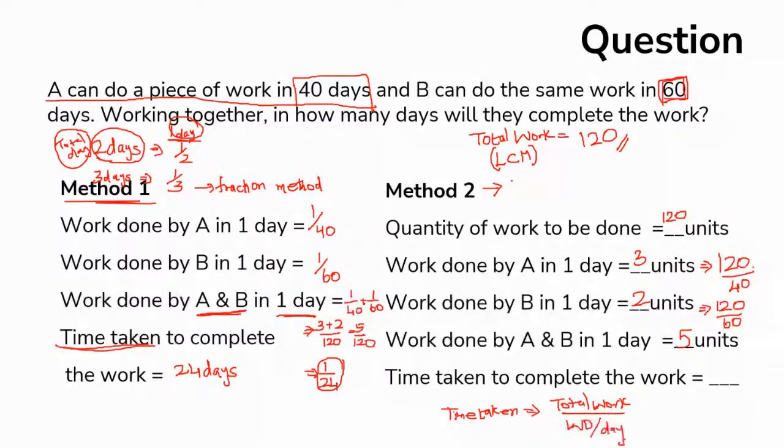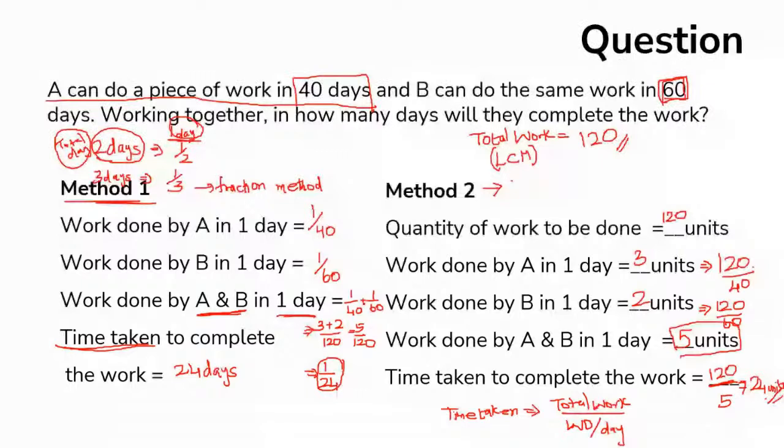In this case, we assume the total work as 120, and they have asked for both of them working together, so one day's work is 5 units per day. So 120 divided by 5, and once again you will get the value as 24 days.